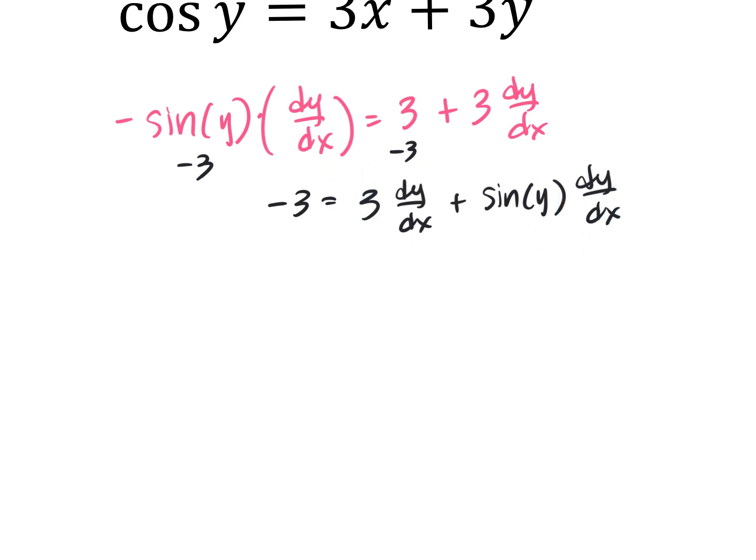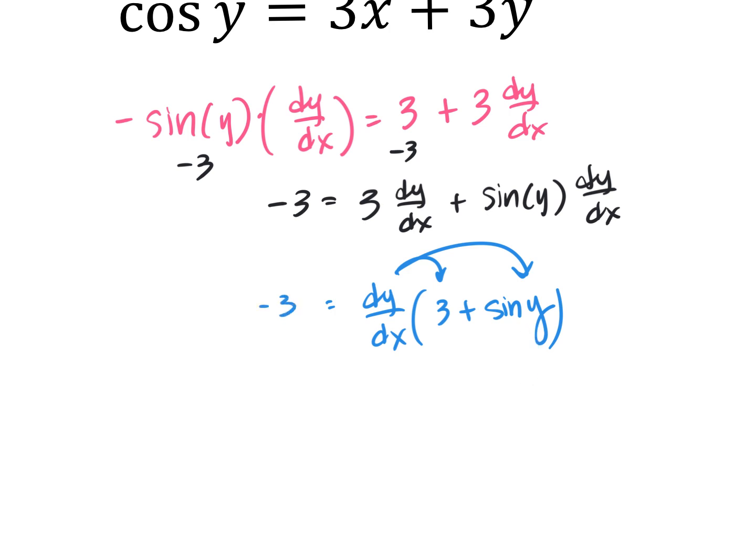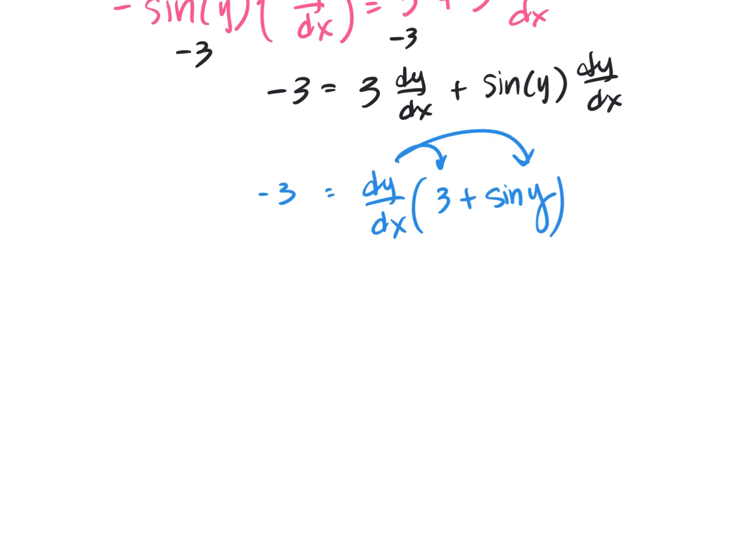Factor it out. Since they both have a dy dx, let's take it out. If I factor out a dy dx, what's left? Thanks, dude. He's saying 3 plus the sine of y. If I distributed that, that's what I would get, what I started with, equals negative 3. And now we got to just divide by that quantity.